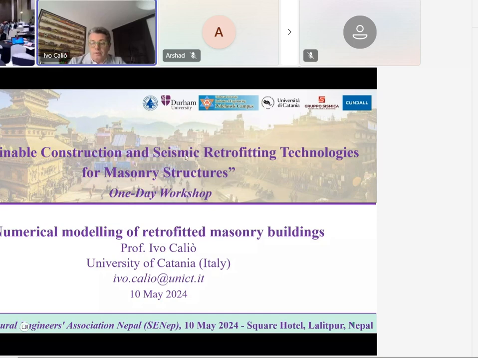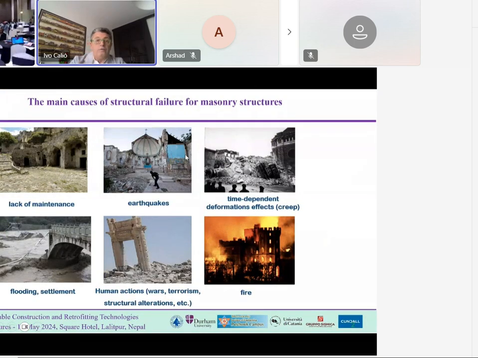The main causes of structural failure for masonry structures are related to different causes, like maintenance, earthquakes, time-dependent deformation effects like creep phenomena, flooding and settlement, and human actions like war, terrorism, or structural alteration made by humans, and also fire.